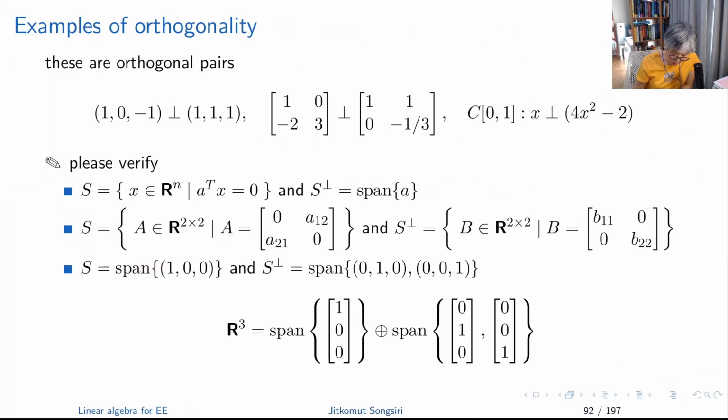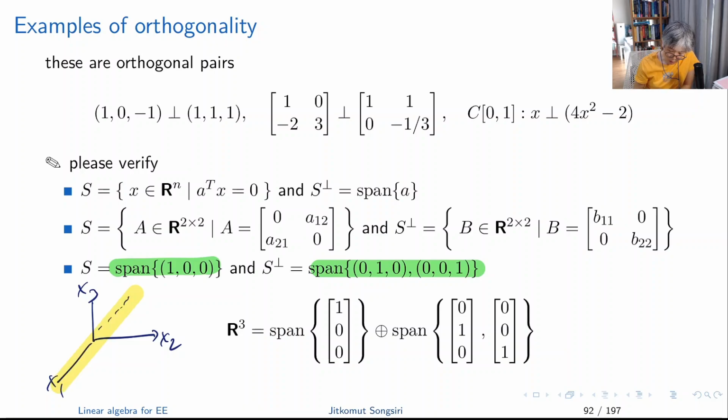We have seen that span of 1, 0, 0 is perpendicular to this space. Let me draw this again. X1, X2, and X3. So you have S as any line on the X1 axis.